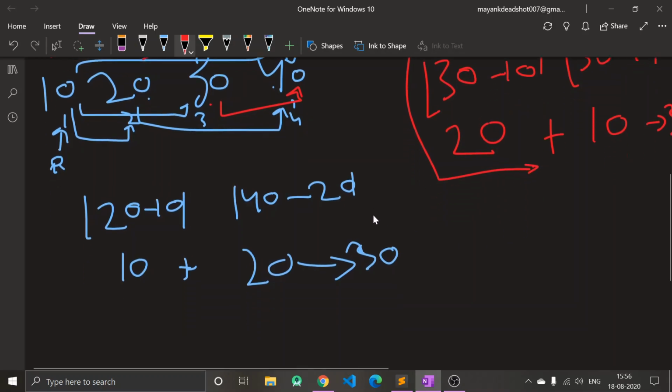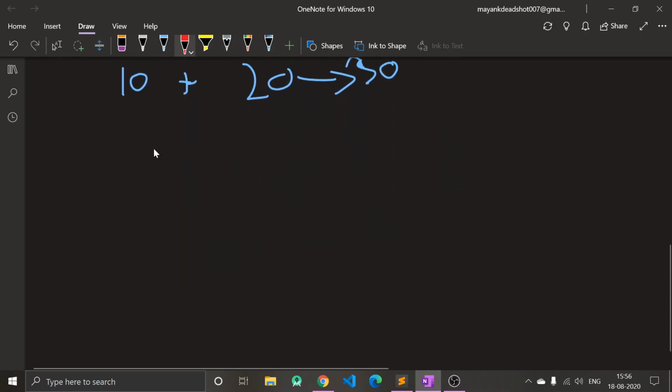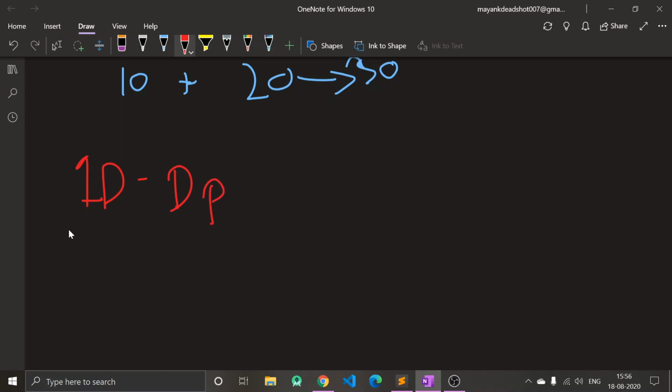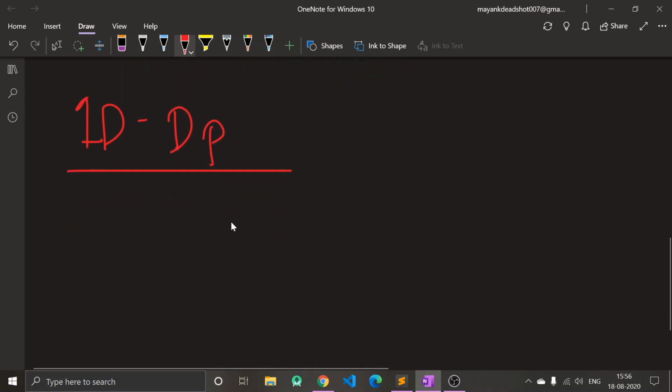So what we will use in this question is 1D DP, one dimensional DP. So what is one dimensional DP? It is nothing but creating an auxiliary array.